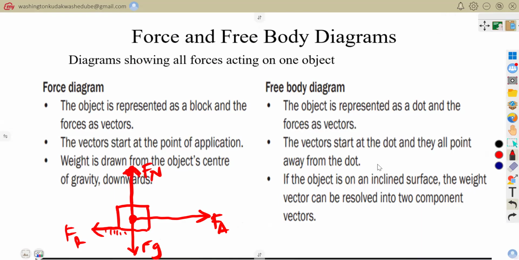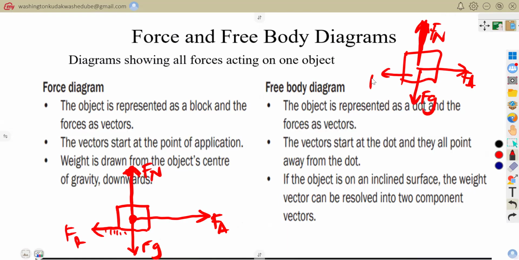So this is the force diagram. Others would draw the force diagram this way, where they simply say this is my normal force, this is my applied force, this is my gravitational force, and this is my frictional force. It's all the same.